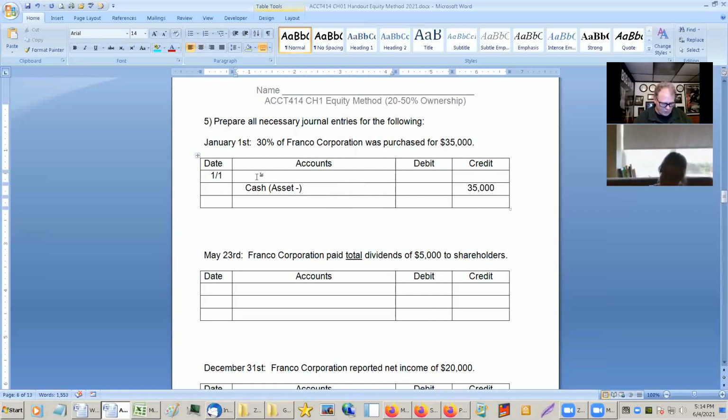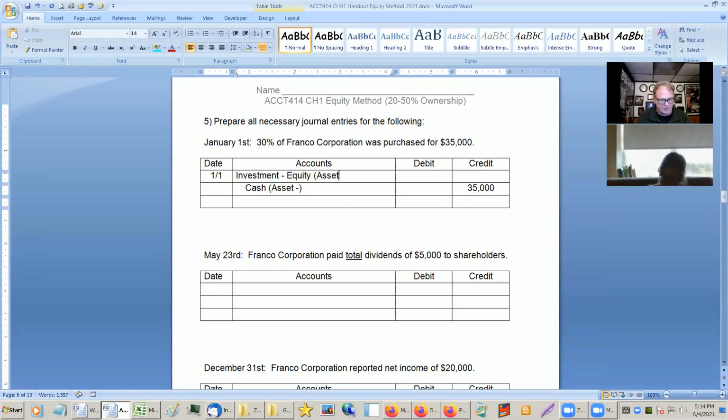And we're going to put this into an investment account. And we'll probably also put it on there that this is an equity account.